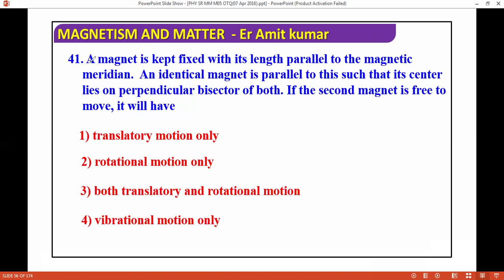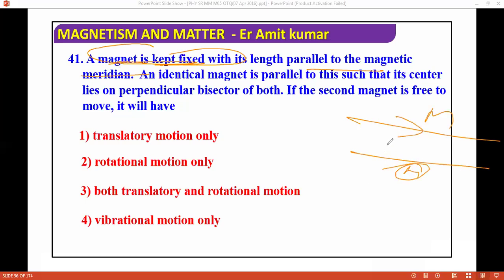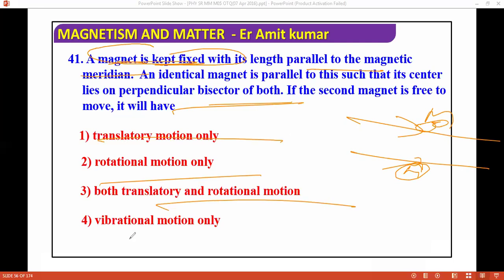Basically, we are keeping one magnet fixed with its length parallel to the magnetic meridian, and the identical magnet parallel to it such that its center lies on the perpendicular bisector. This is a good question.